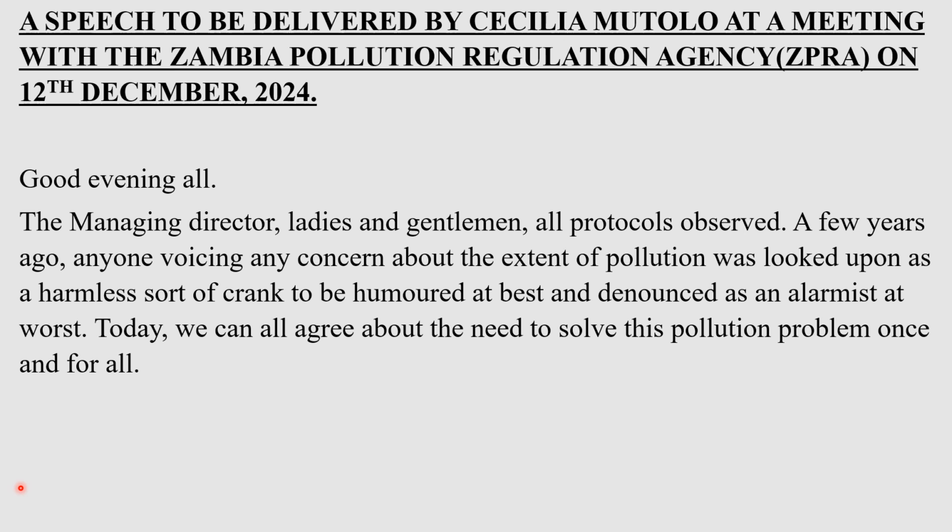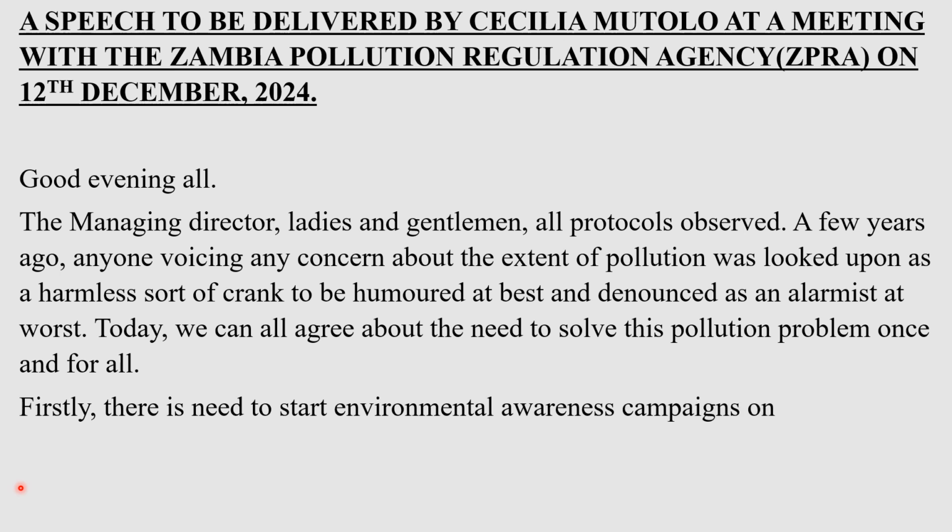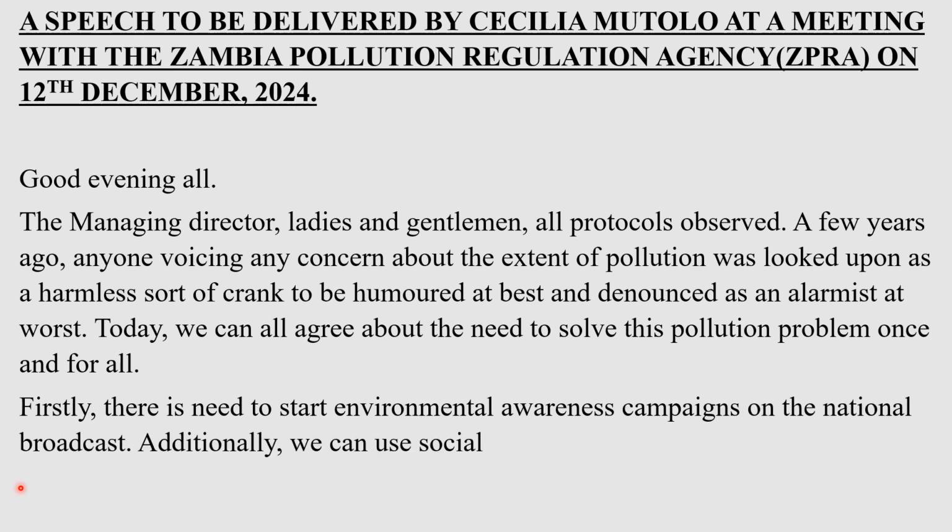Okay, so now we continue. Firstly, there is need to start environmental awareness campaigns on the national broadcast. Additionally, we can use social media to educate people on pollution reduction. Okay, so this is the main body starting from here. I'm just connecting points with words like firstly, additionally, just like that. Okay, nothing creative here.